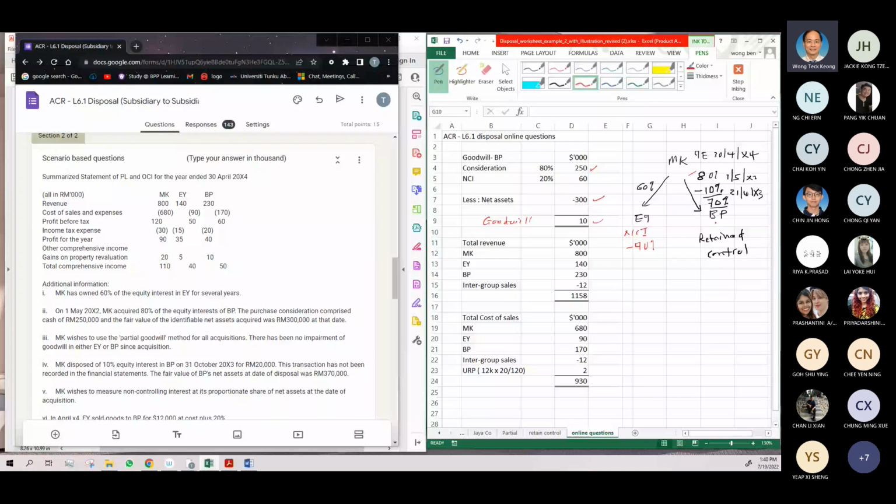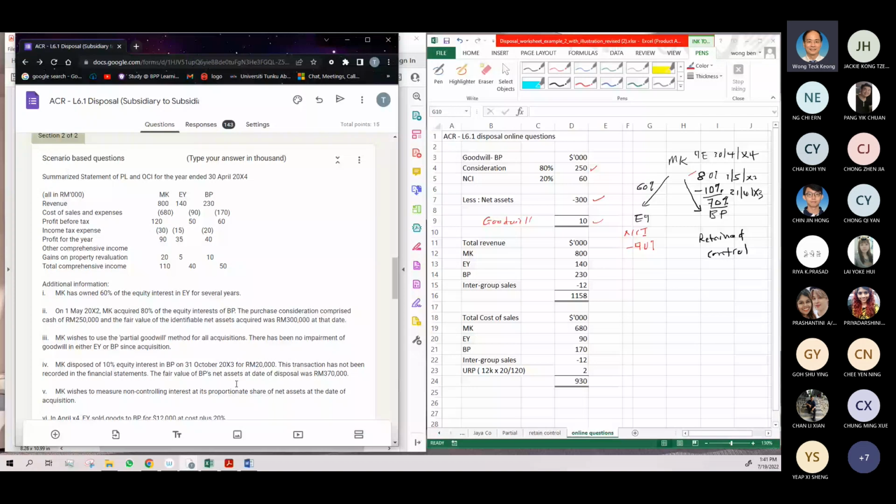Now, it said they dispose of 10% equity of PP on 31st October. Year-end is 30th April X3, and 31st October is different by how many months? 6 months. If you get it wrong, your answer is wrong, so you time-apportion 6 months. In this case, what type of control is retained?